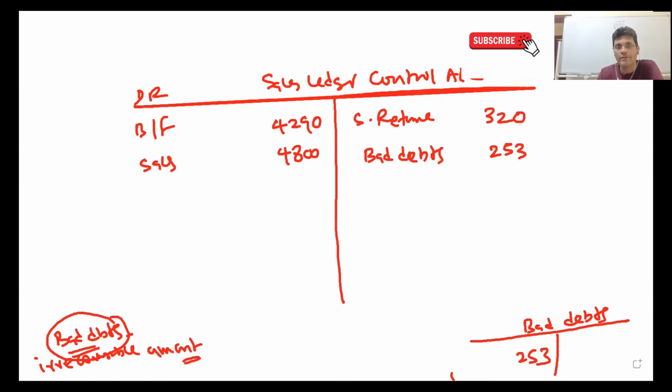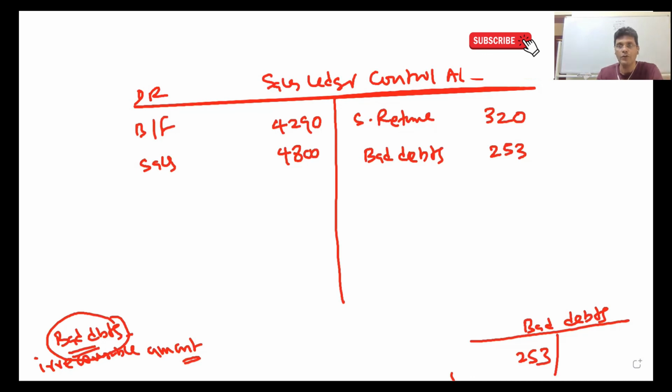Then next one, discount allowed. How do you record the discount allowed? When you receive cash, you debit your cash book and credit the sales ledger control account. Likewise, you are supposed to receive 100, but instead of 100, you are receiving 75.